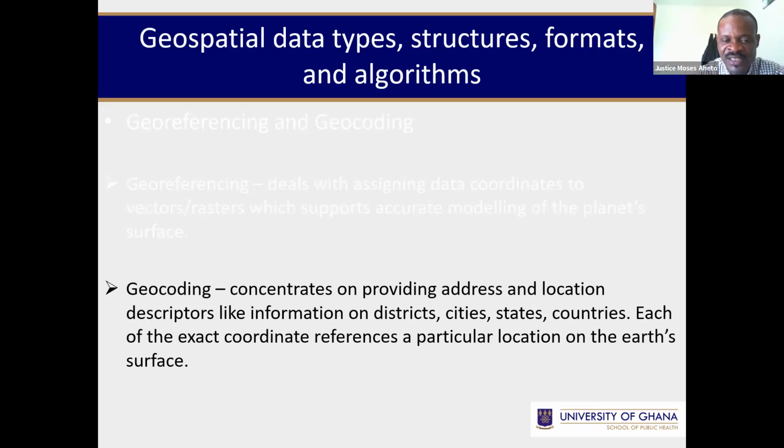Each exact coordinate references a particular location on the Earth's surface, while other address systems use names like district, city, state, or country. That is why even within the geographic positioning system, there are what we call zones. If a zone number is given to you, you can tell which country lies within that zone. We'll be looking at some examples very soon.